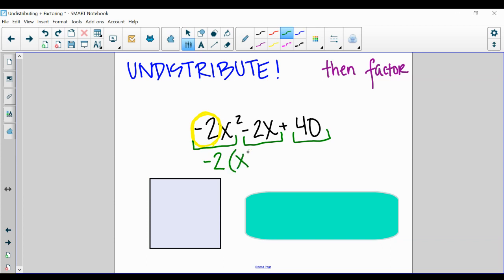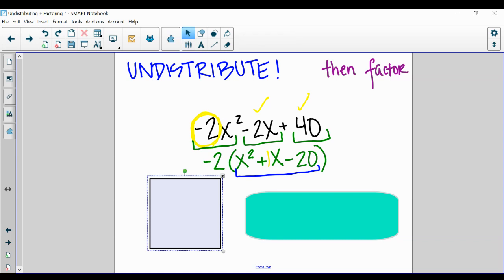So this is going to be left with x squared plus x, because keep in mind that when I do negative 2 times a positive 1, I'll get back to my negative 2x there. And then negative 2, and this will become negative 20 at the end, because negative 2 times negative 20 will get me to positive 40. Now I'm going to use this trinomial to build my magic diamond.